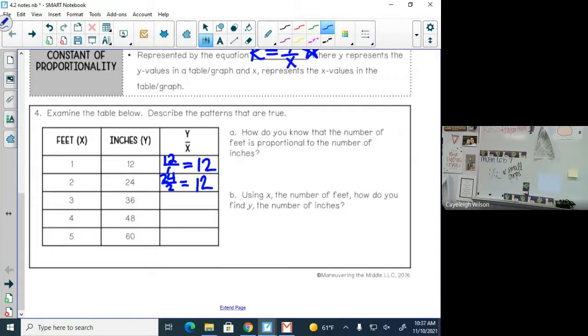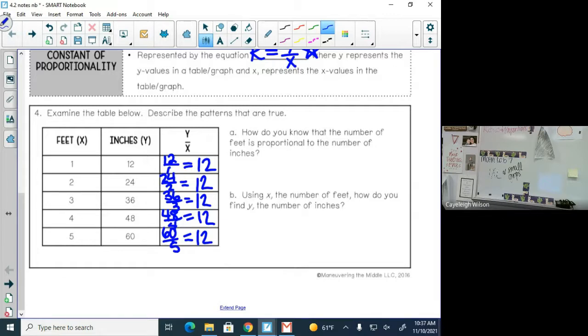I'm going to take 36 divided by 3, which is 12. I'm going to take 48 divided by 4. Guess what? 12. And then 60 divided by 5 is also 12.